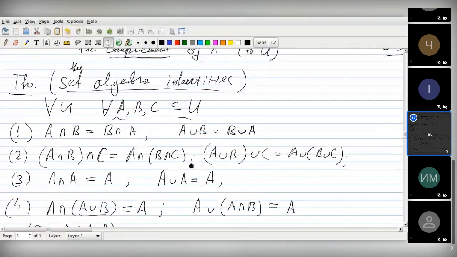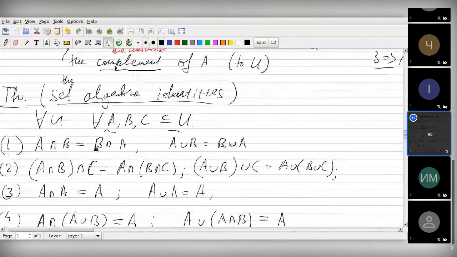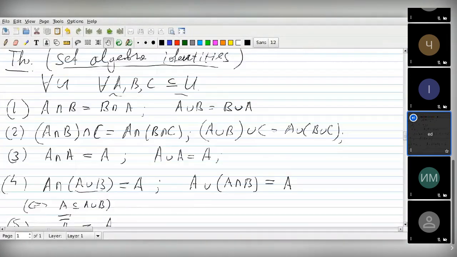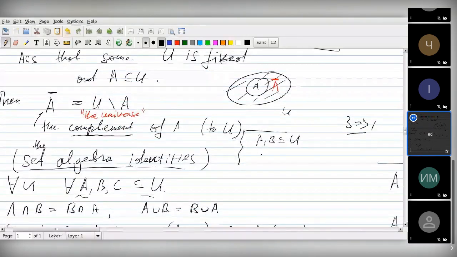But the identities are about complements, so I need some universe. By the way, what if A and B are subsets of U? Then I say that A minus B is just the intersection of A and the complement of B.